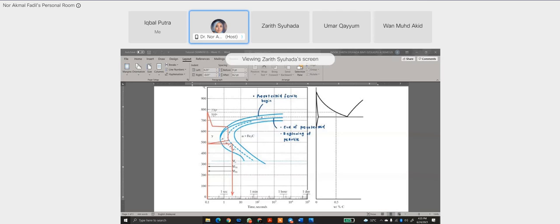You boleh quench selagi first temperature quench tu bukan bawah 550, maksudnya you boleh dapat proeutectoid ferrite. Okay. So alpha tu maksudnya proeutectoid ferrite lah. So if you quench above 550, you still boleh dapat. So kalau final result you nak dapat proeutectoid ferrite, you mesti quench dalam ni 650.